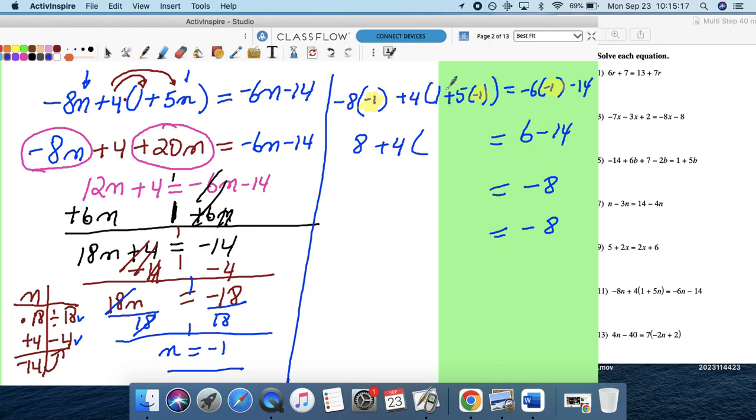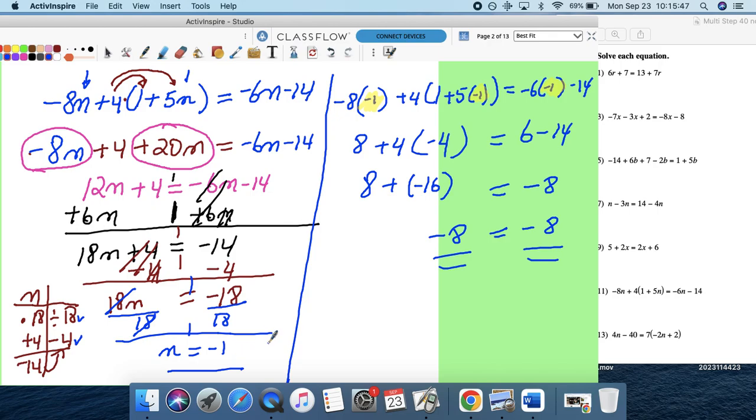Negative 4 plus 1 is going to be negative 3. 8 plus negative 12, and I messed up already somewhere. Oh, sorry. My mistake was here. It's supposed to be a 4. 4 times negative 3 is negative 12, and then 8 plus negative 12 is negative 4. So is my left side equal to my right side? Yes. So negative 1 was the correct answer.